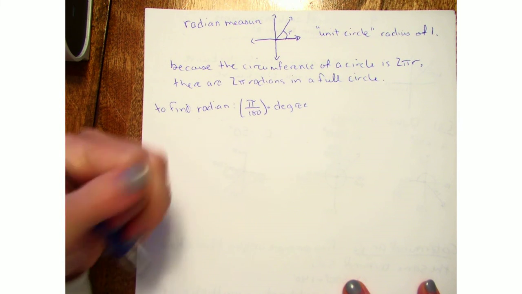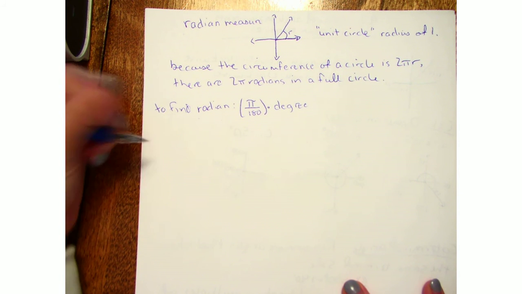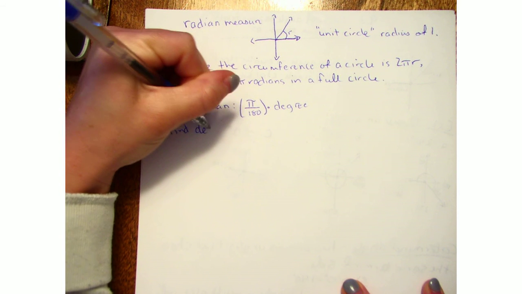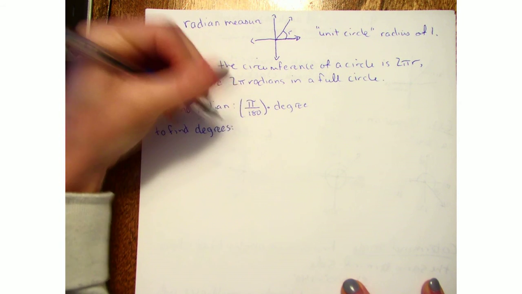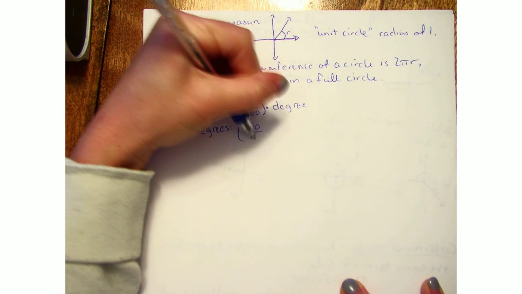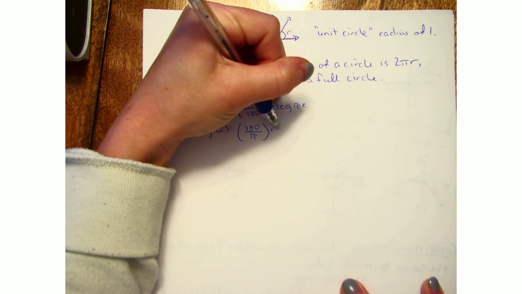You almost do the exact opposite to find degrees. If you're looking to find degrees, you're going to take the reciprocal of it, 180 over pi times radians.